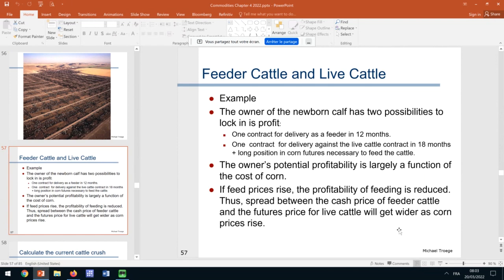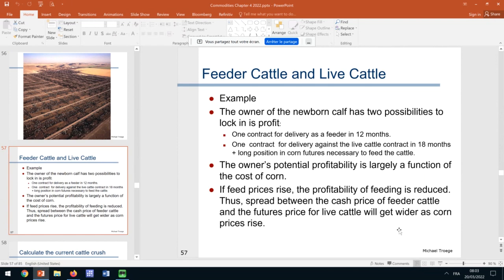He can do two things. He can either sell his calf with a contract on feeder cattle in 1 year, or he can sell his calf as live cattle in 18 months. But if he sells it as live cattle, he should also hedge the cost of feeding the cattle.